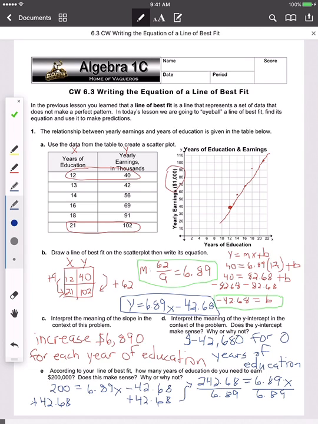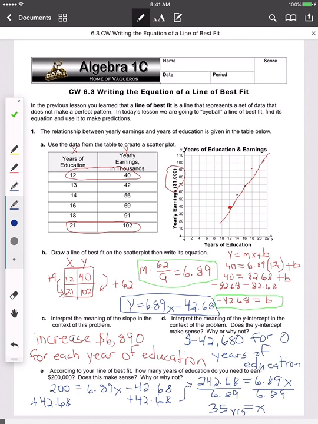And if you take your calculator and you do that on the calculator, 242.68 divided by 6.89 is going to equal 35.22. So 35 years.